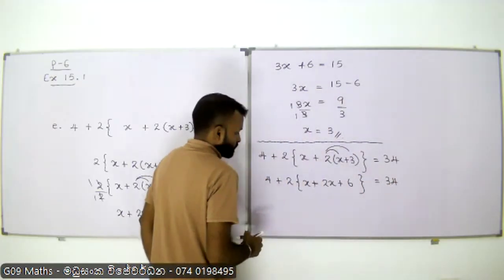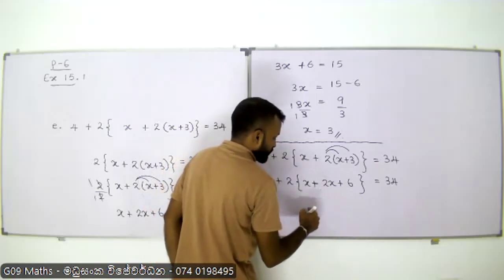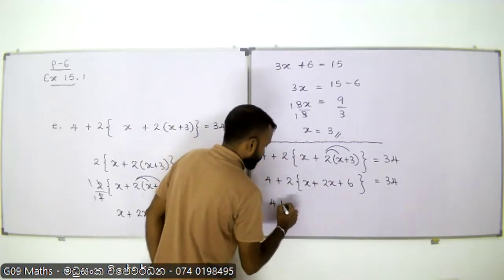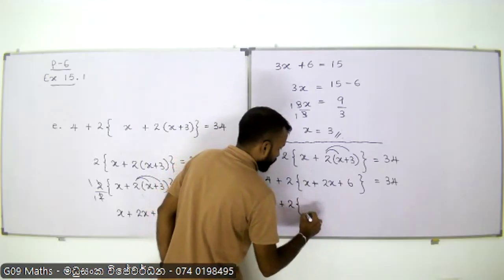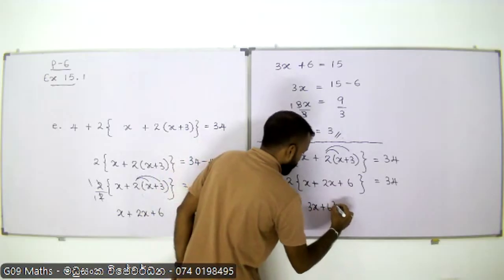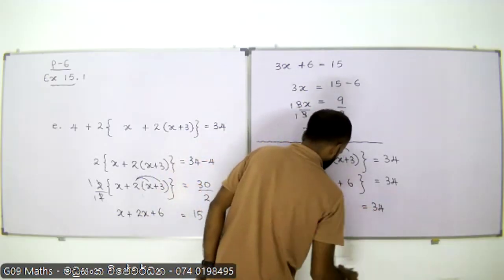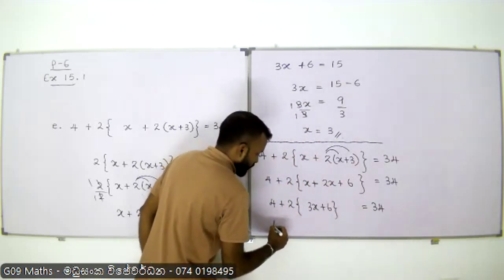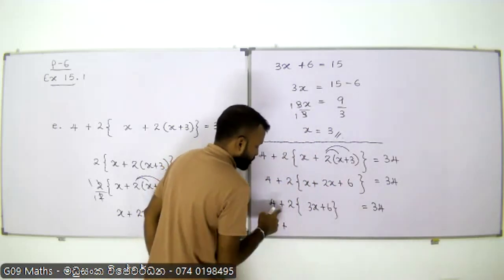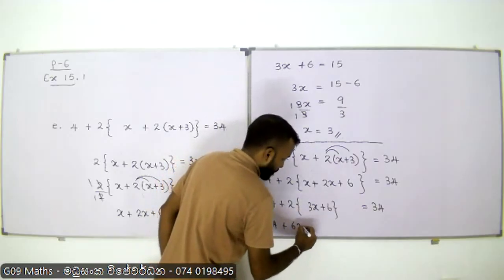Now, inside the curly bracket, I have x plus 2x, that is 3x, you know that. 3x plus 6 close curly bracket is equal to 34. So here I have now again 4 plus. So positive into positive, positive 2 into 3x, 6x.